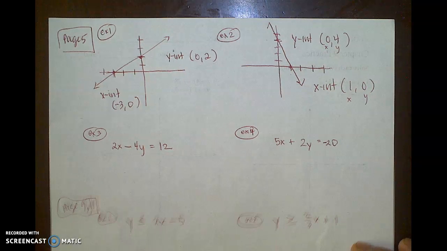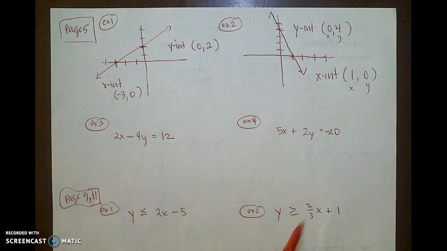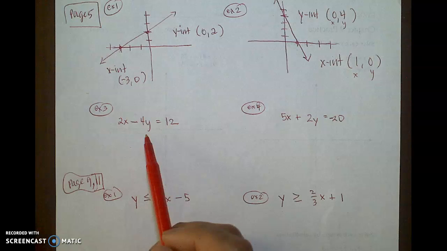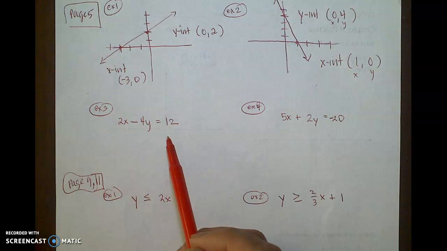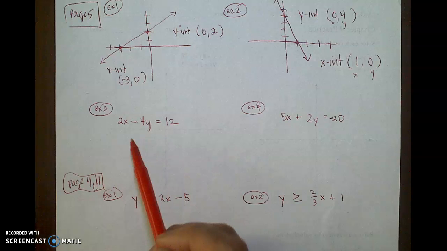Later on you're given equations. You're not given any graphs, and you're asked to identify the x and y intercepts. Instead of changing these into y equals mx plus b or making a table, here is what you can do.